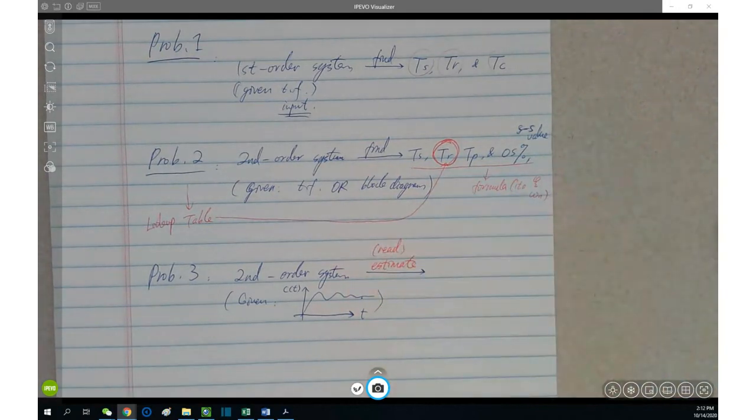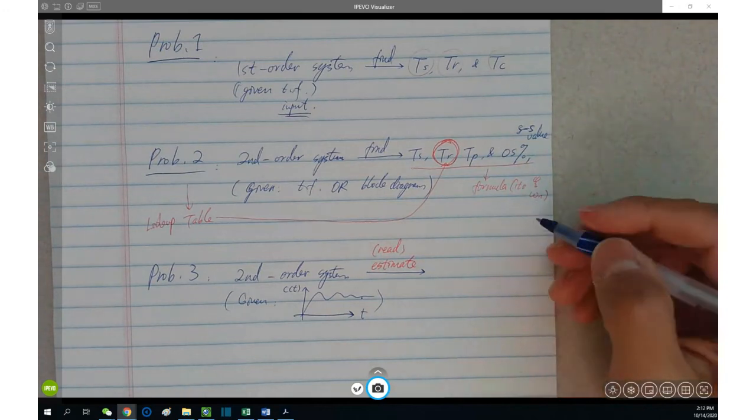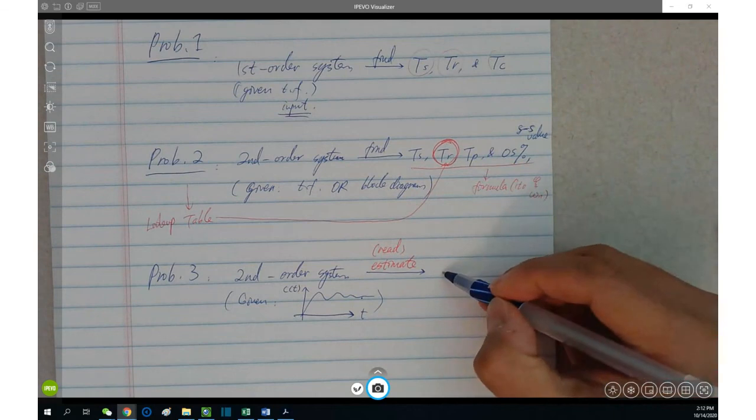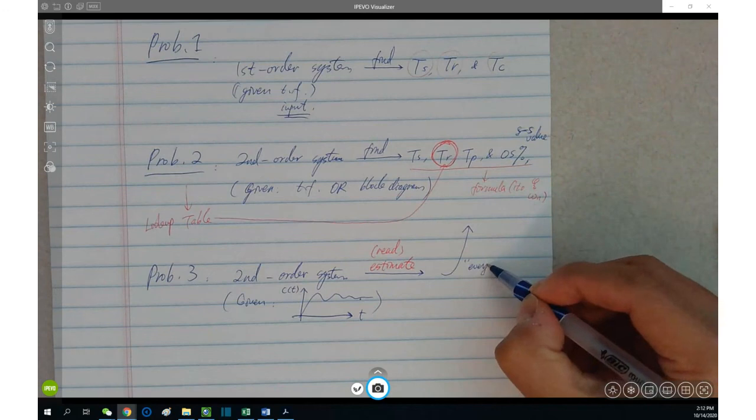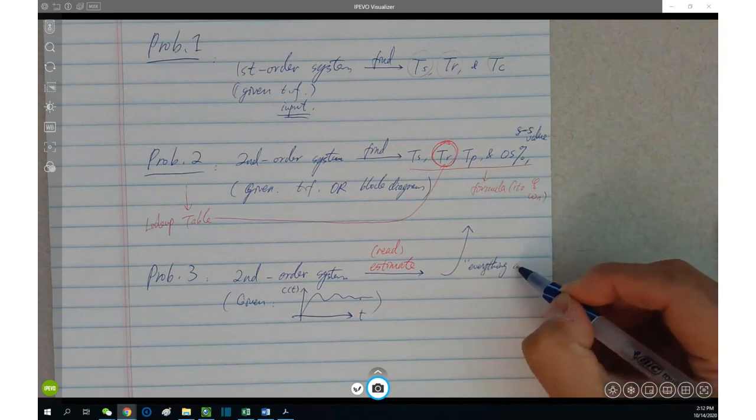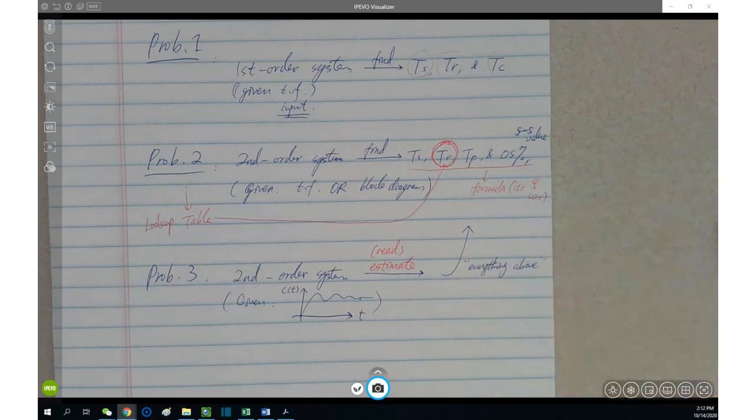You need to read the given graph to tell everything above. Read the problem carefully to see what I'm asking for, and how to find them, read the given graph.